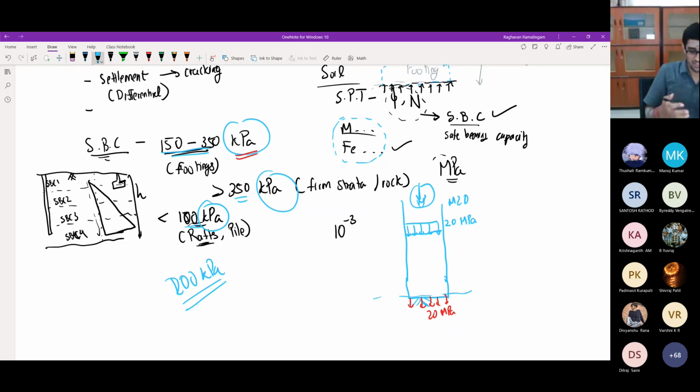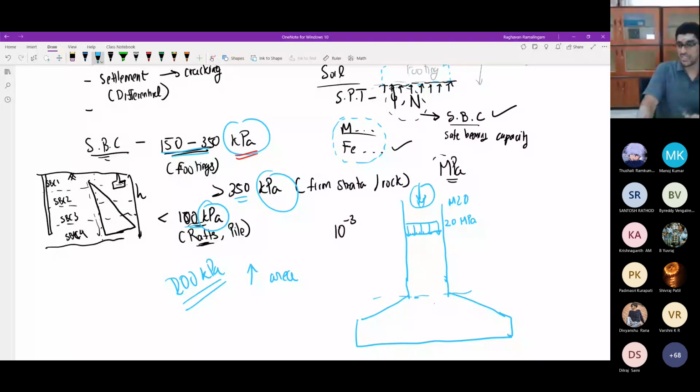So if you increase the area, that is the reason why all your footings are actually made like this.